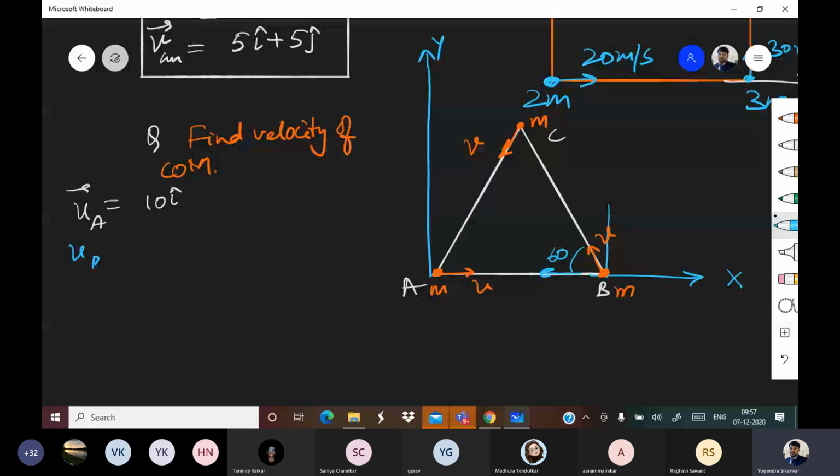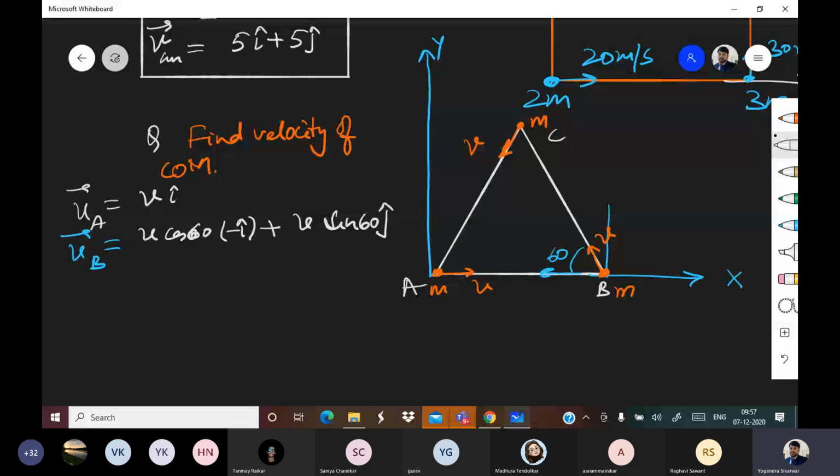So VB is equal to V cos 60 minus I cap plus V sin 60 J cap.